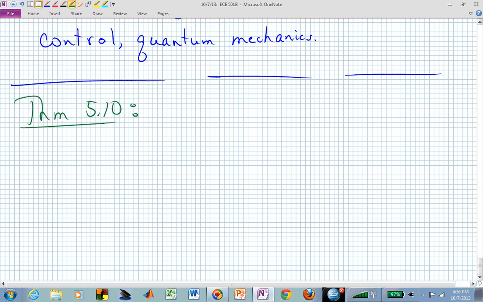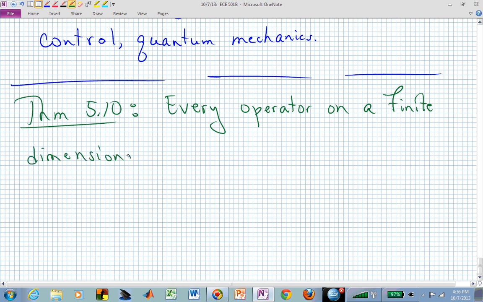And that's what theorem 5.10 tells us. It says that every operator on a finite dimensional, and now you don't want to forget this next word, complex vector space, in contrast to real.